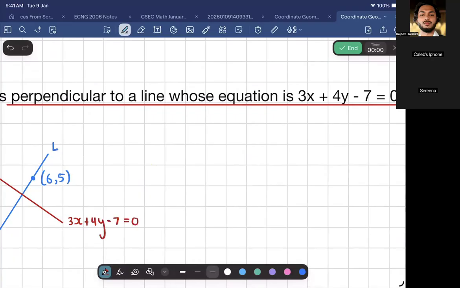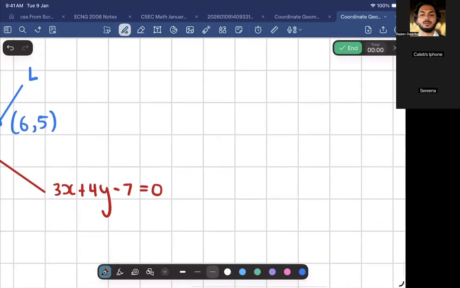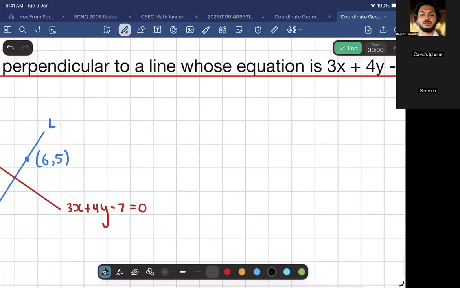Now, when you look at that, it's kind of confusing, right? Because you're not accustomed to seeing it like that. What form are you accustomed to seeing for the equation of a line? y equals mx plus c.